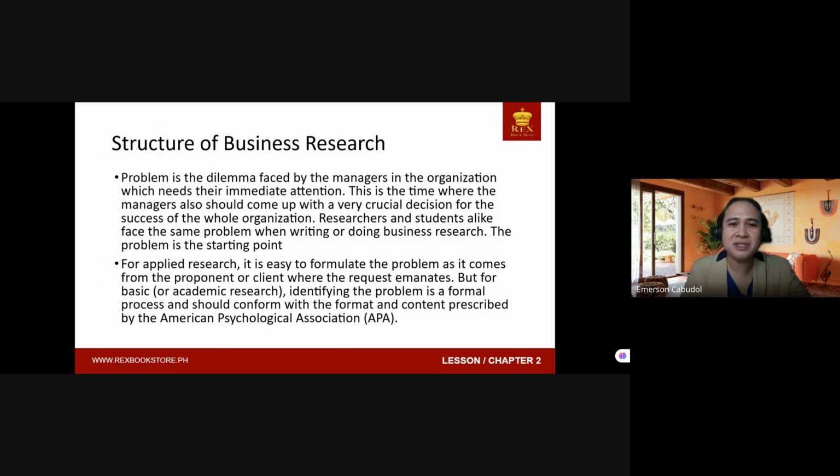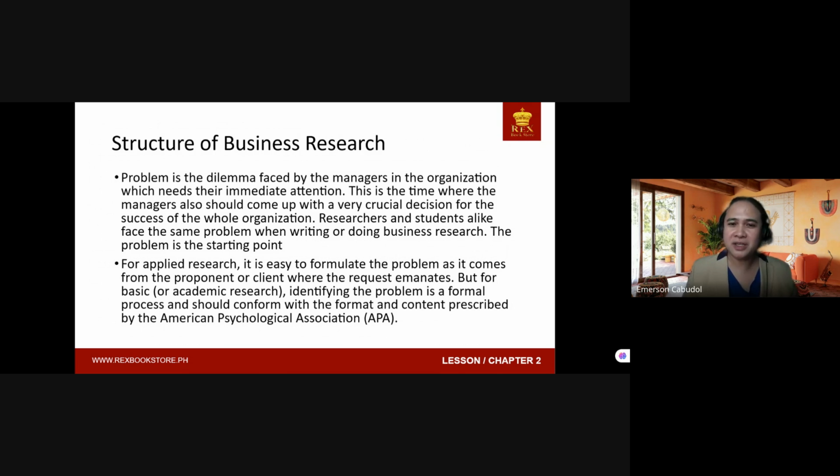These dilemmas demand immediate attention and critical decision making to ensure organizational success. For example, a manager might need to decide between cutting costs to meet financial targets and maintaining employee morale. So this is actually a dilemma that can be answered through our research.